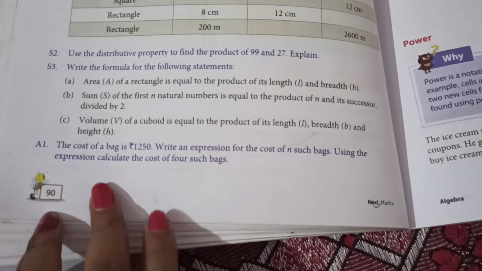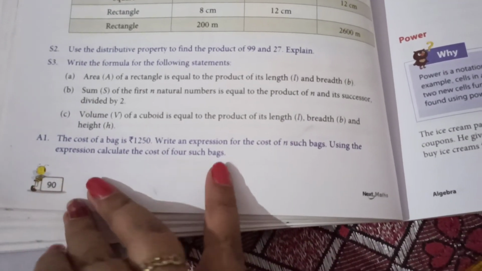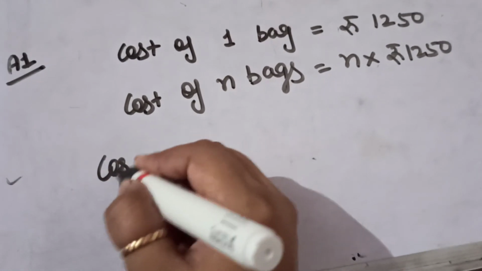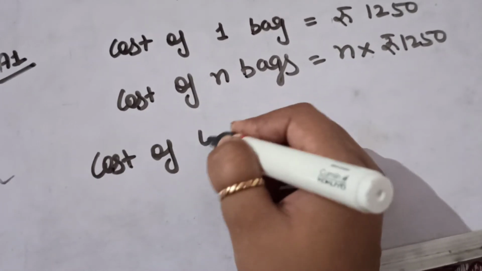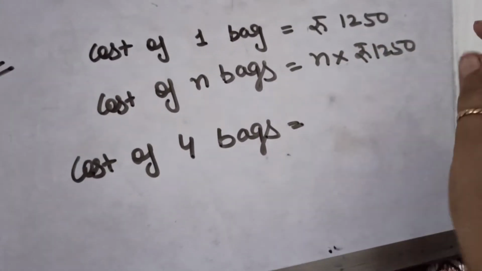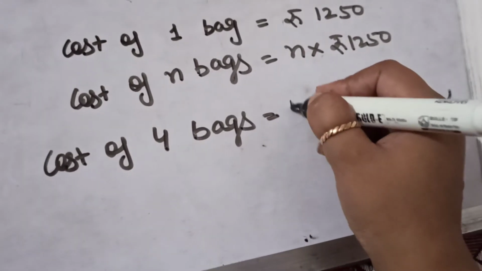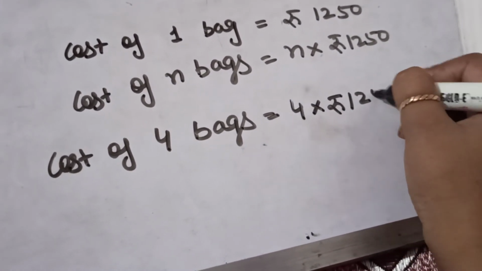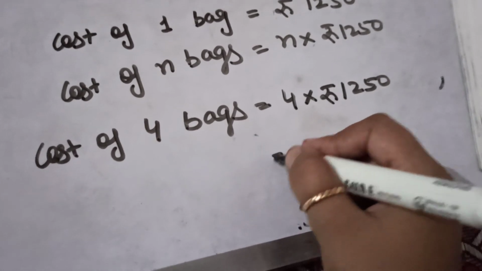After this, using the expression, calculate the cost of 4 such bags. What we have to find? Cost of 4 bags. It means in place of n, what comes? 4. Now 4 multiply with rupees 1250.